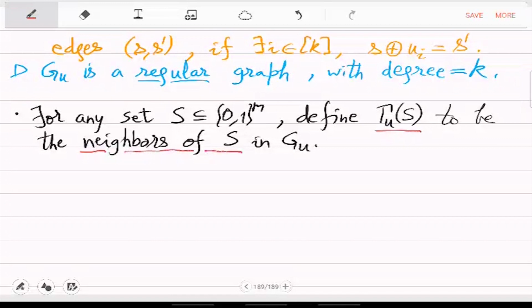So for any subset of vertices, we can define gamma U to be the neighbors, right?